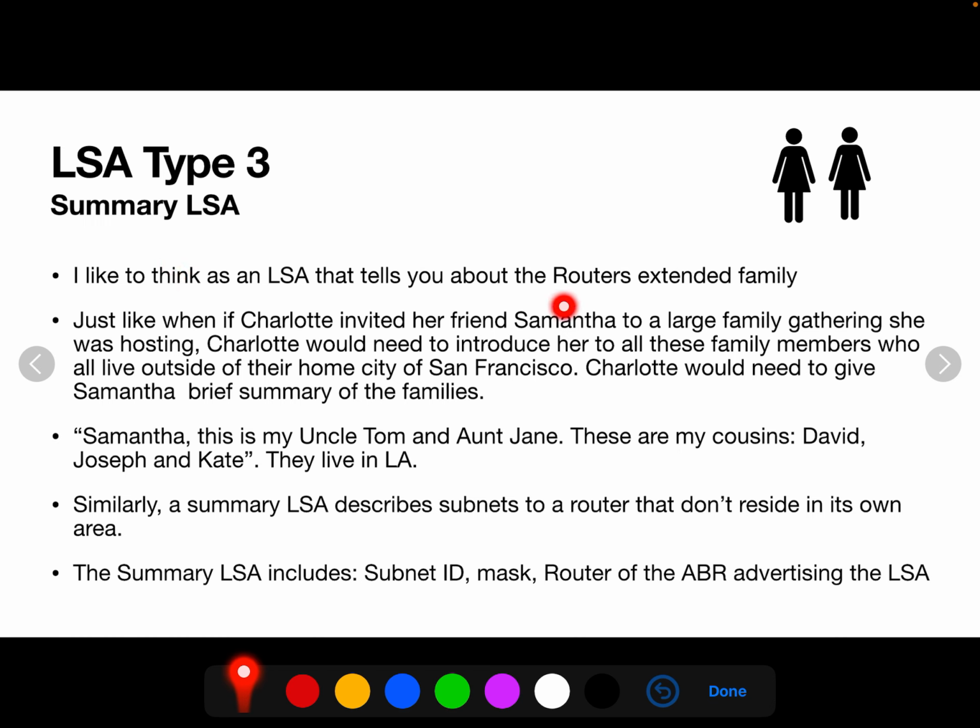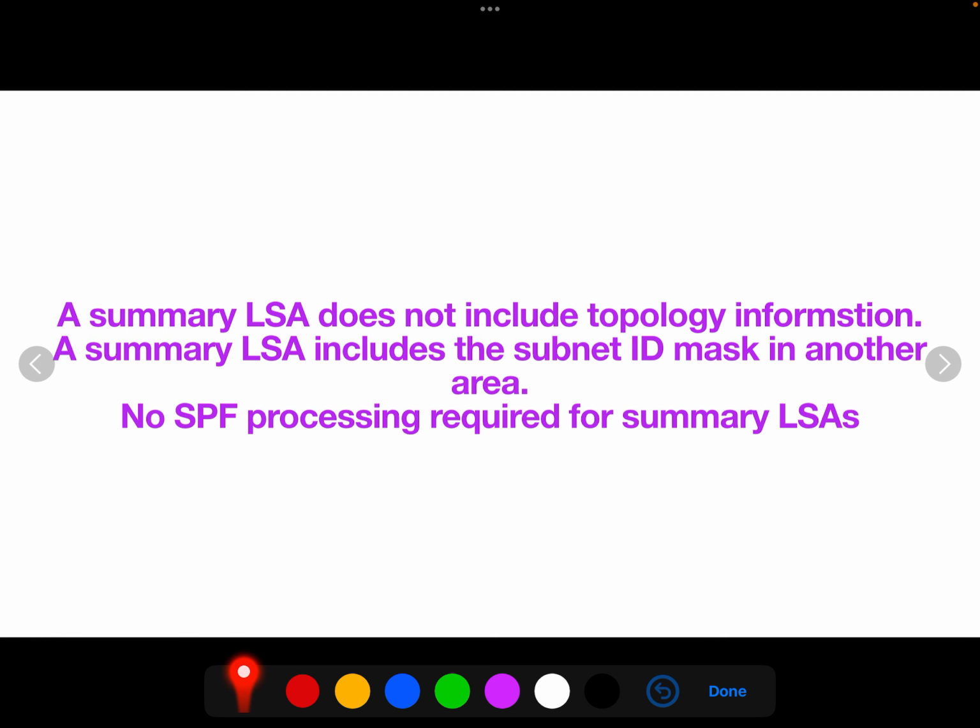I like to think of this as telling you about a router's extended family, because what a type 3 LSA does is it explains a summary LSA. They include the subnet ID and mask for a router that resides in another area. They don't include topology information, and no OSPF processing is required for summary LSAs.